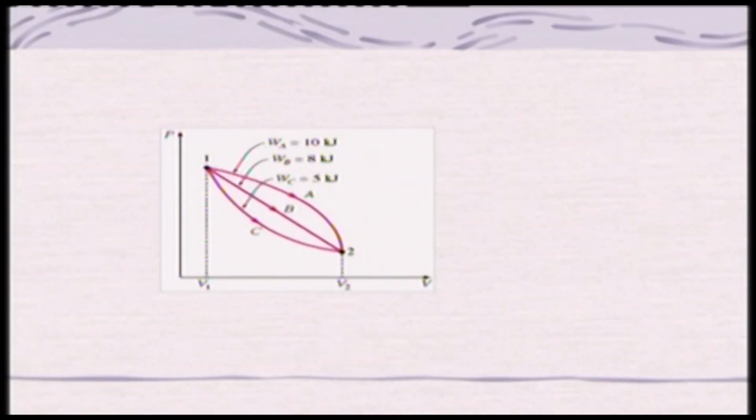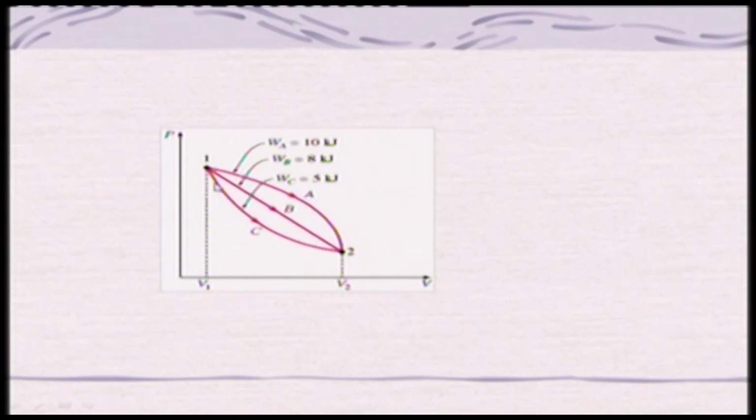And it will be dependent on the path. Let's say it is going from station 1 to station 2, it can go through path A, path B, or path C, right? If it takes a different path, the work done will be different.